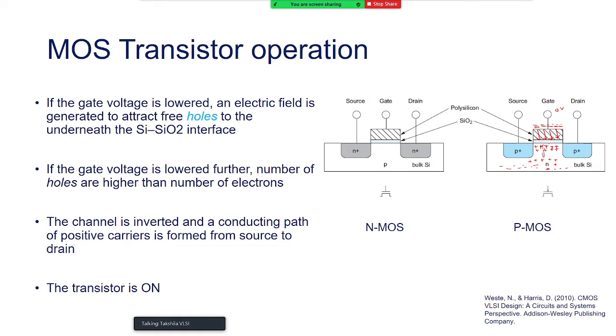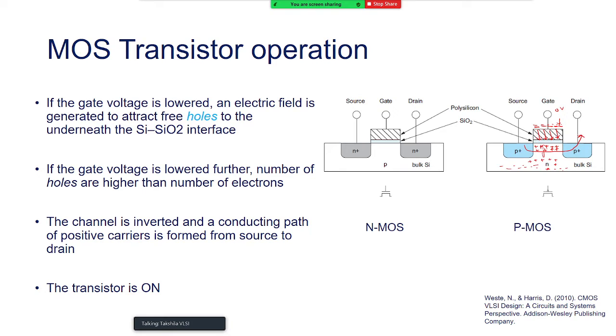So I say again that at this interface, which is interface of Si, silicon, and SiO2, silicon dioxide, I know that the number of holes now because of the voltage are higher than the number of electrons here. So I say that the channel is inverted and the conducting path of positive charge carriers is formed from source to gate.